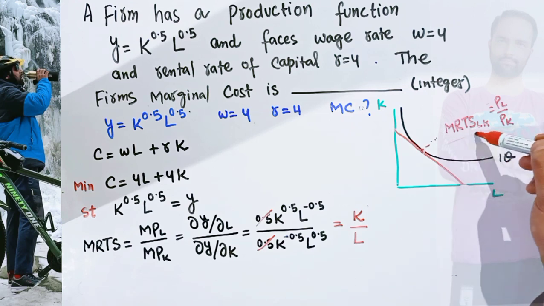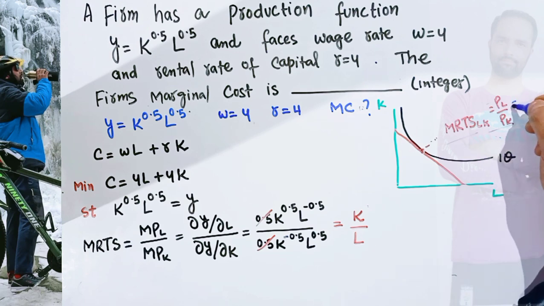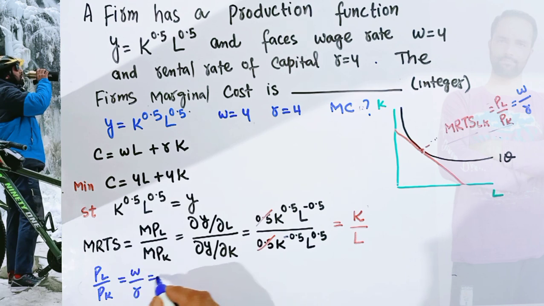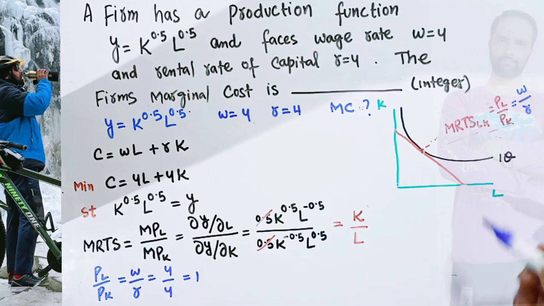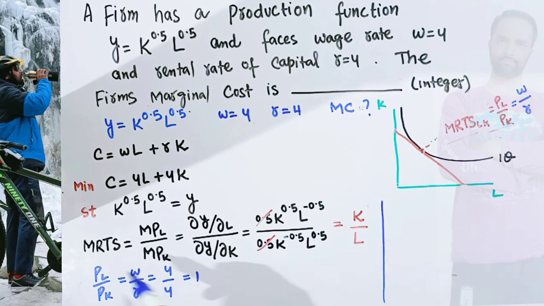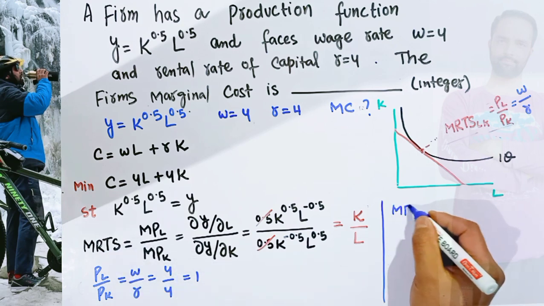We know that this condition must hold at the optimal level. What is the price of labor? It is given as W, and the price of capital is R. That means price of labor upon price of capital is W upon R. W is 4, R is also 4, so this ratio is equal to 1.